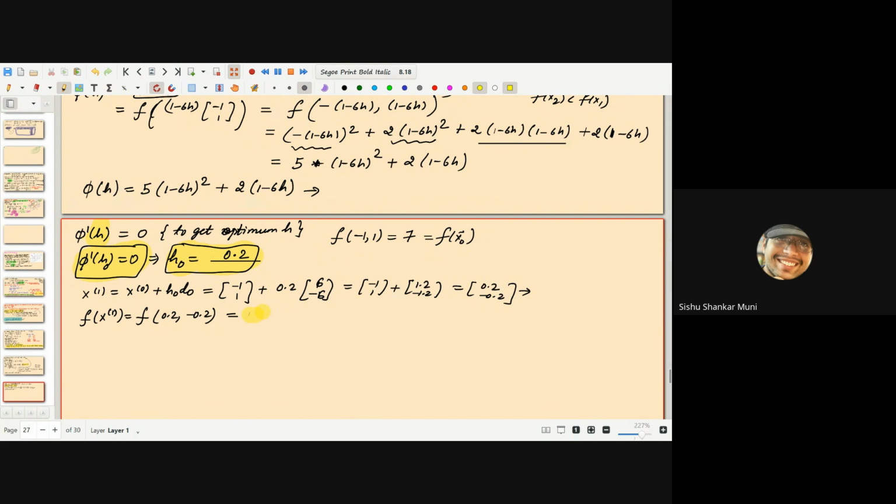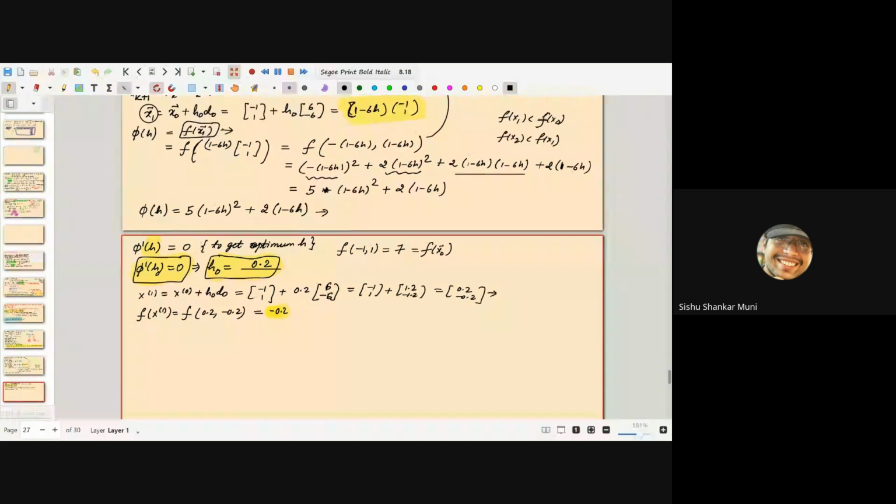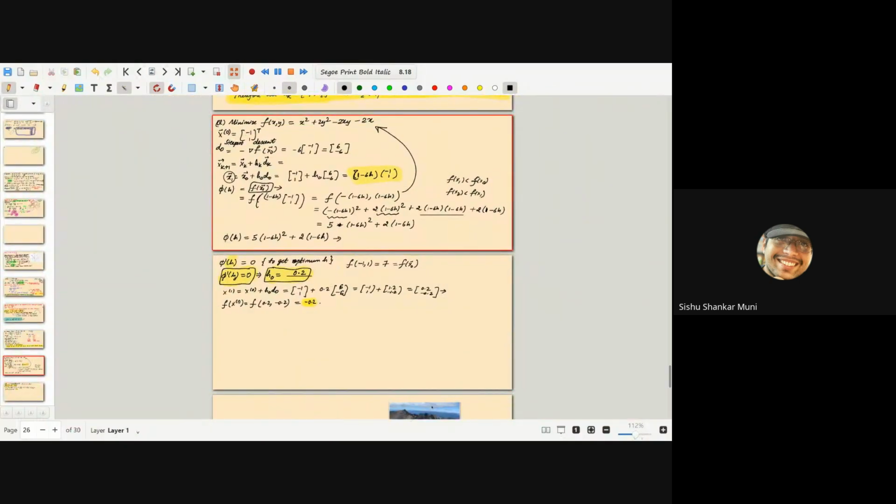F of x1 is minus 0.36, right? Minus 0.2. F of x1, this one is minus 0.2. You are telling? Why? Compute correctly. So what you are doing? I hope you are doing it like this.